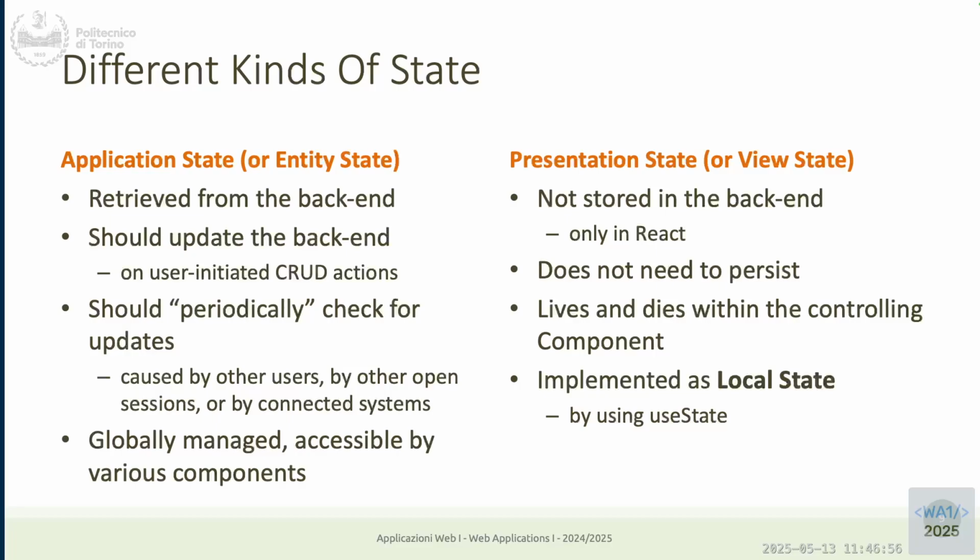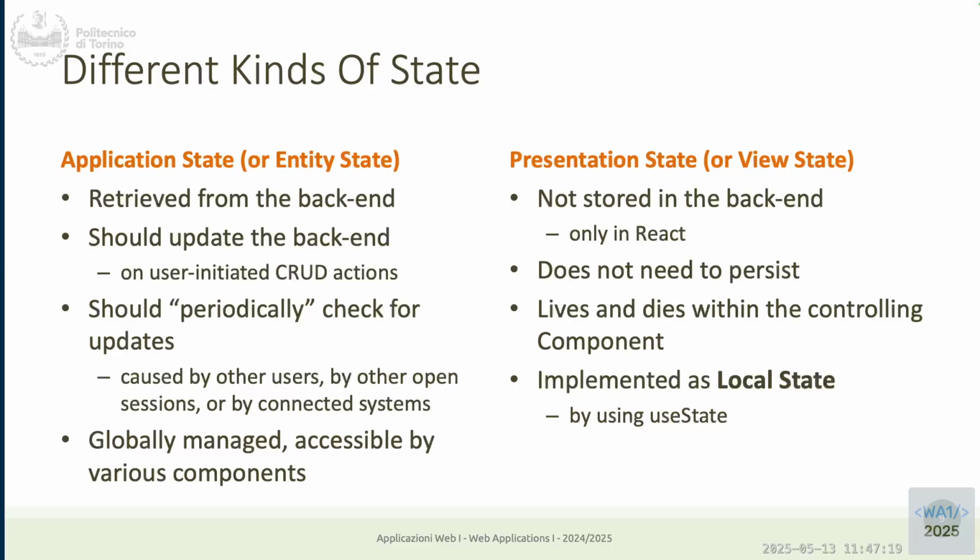So maybe the language, or the text that has been typed at this moment, or an error message that is displayed, or the sorting order of a table that the user selected. This state is normally only living in the client.